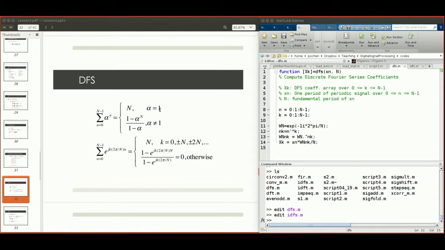But when alpha equals 1, then it becomes 1 to the nth power, and 1 to the nth power is still 1.